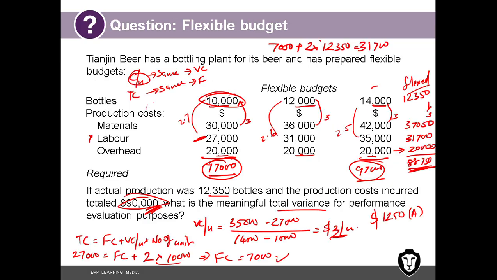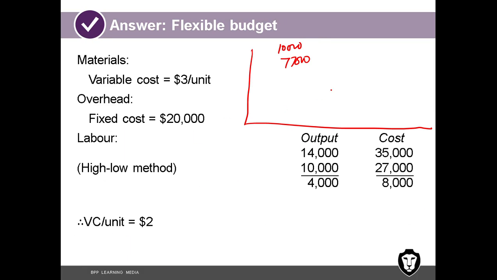What is the next activity level? 14,000 units, 97,000. Now to get the variable cost per unit, get this difference: 97 minus 77, 20,000. Get the units difference: 14 minus 10, 4,000. You get $5. Variable cost is 5.